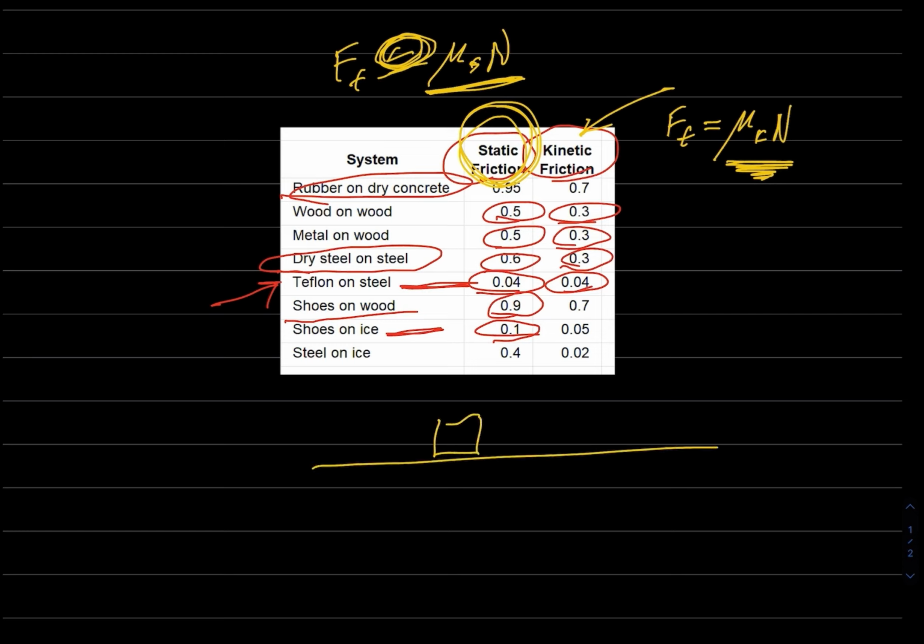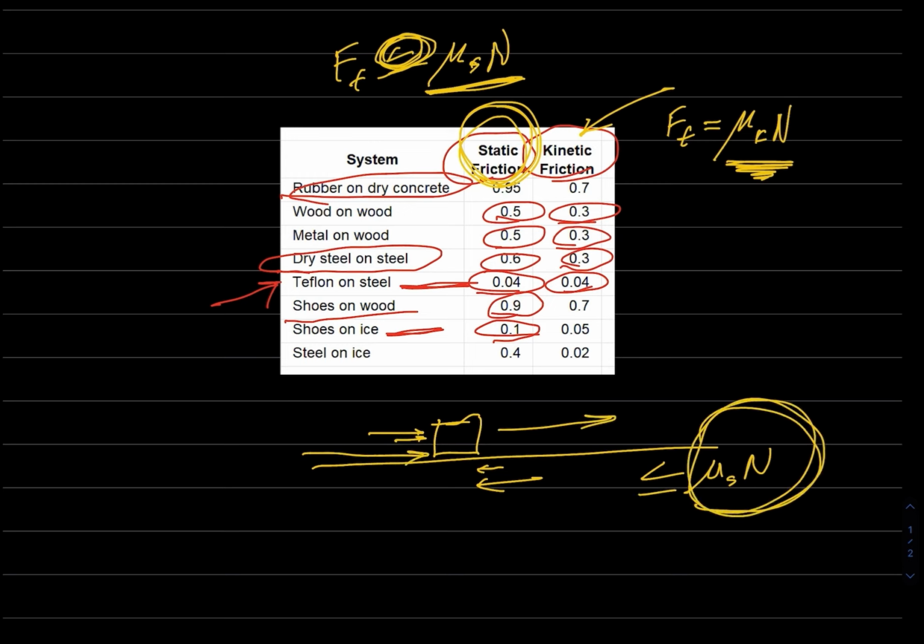If you have a box on a surface and you apply a tiny force to it, friction will only put a tiny force against it to keep the net horizontal force zero and the box not moving. You can apply a bigger force and then friction will apply a bigger force. So it can be less than mu sub s times n. But once you apply a big enough force, then the box starts to move because mu sub s times n is the maximum force that friction can apply in a static situation.